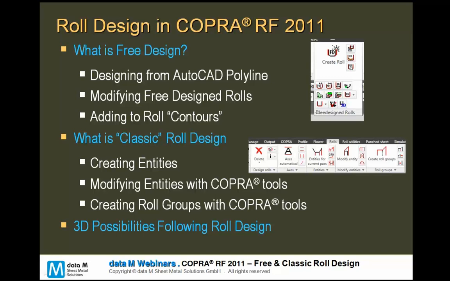And then we'll look at adding to these roll contours, maybe some additional clearances for crimps, etc. And then we'll discuss what classic roll design is and creating entities for classic roll design, then modifying these entities in roll groups with Copra tools. And then, following this, we will discuss the 3D possibilities following roll design.